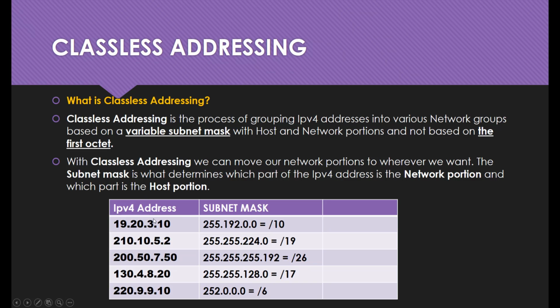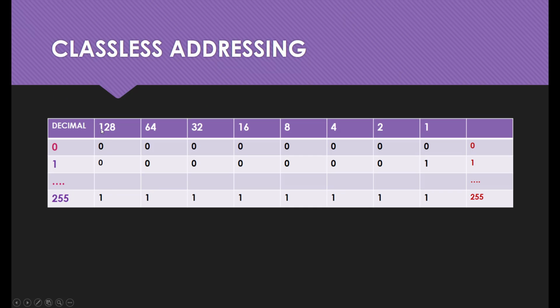In this case we have 10, which means the first octet is all ones, because the first 8 bits are all ones. That's how we got 255: 128 plus 64 plus 32 plus 16 plus 8 plus 4 plus 2 plus 1 gives 255.